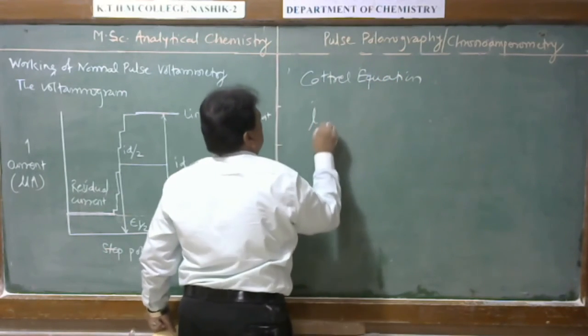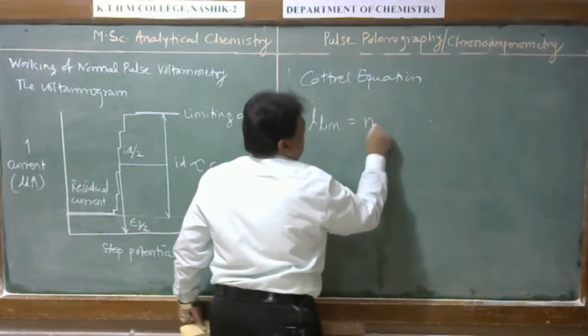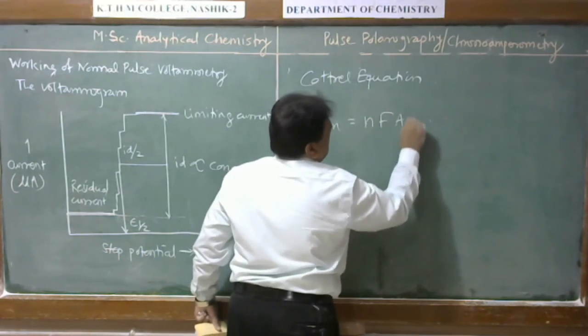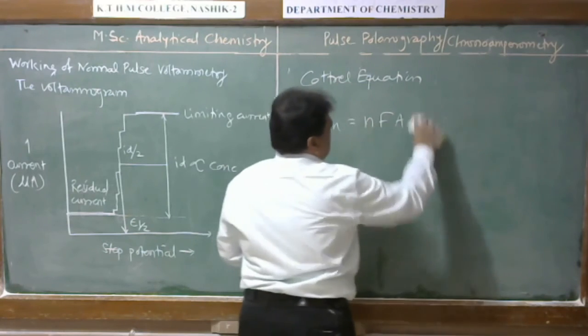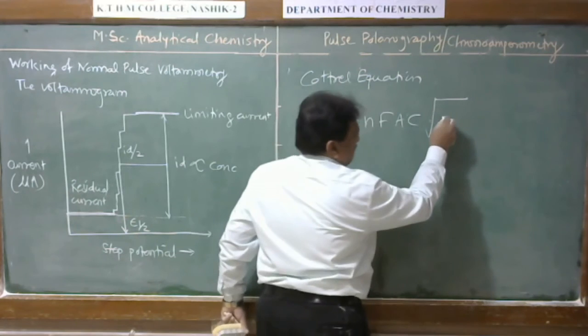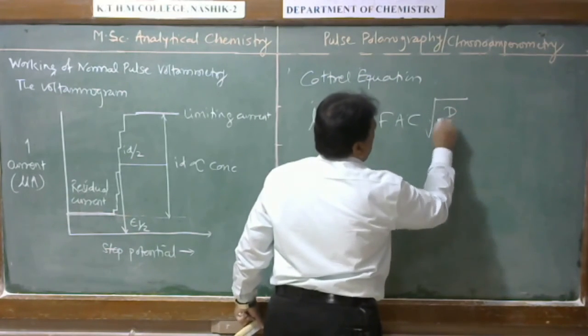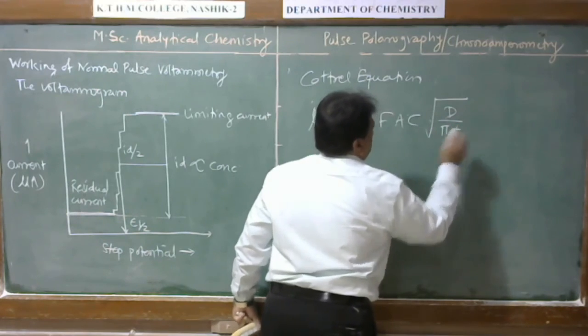Therefore, limiting current I limiting is equal to nFAC under root D upon pi into t.